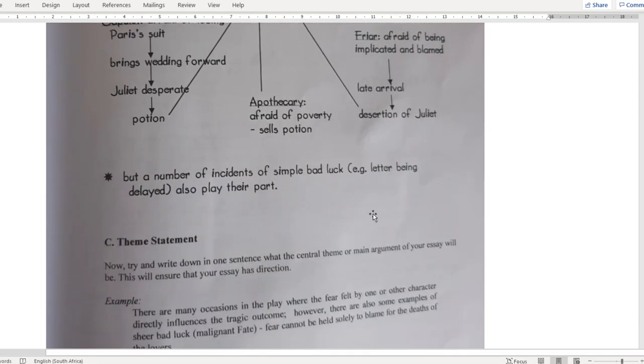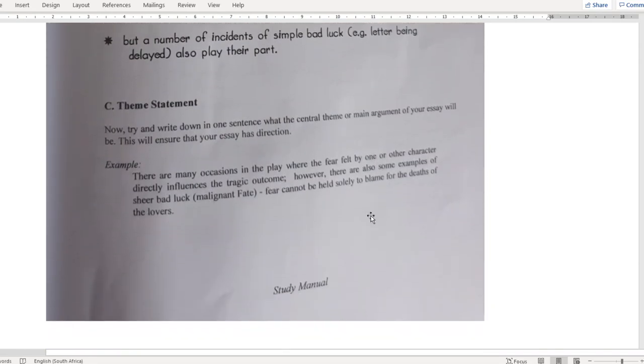So I'm just going to go through the rest of this. One of the things they speak of is a theme statement. So here they give an example. There are many occasions in the play where the fear felt by one or other character directly influences the tragic outcome. However, there are also some examples: sheer bad luck, malignant fate. Fear cannot be held solely to blame for the deaths of the lovers.